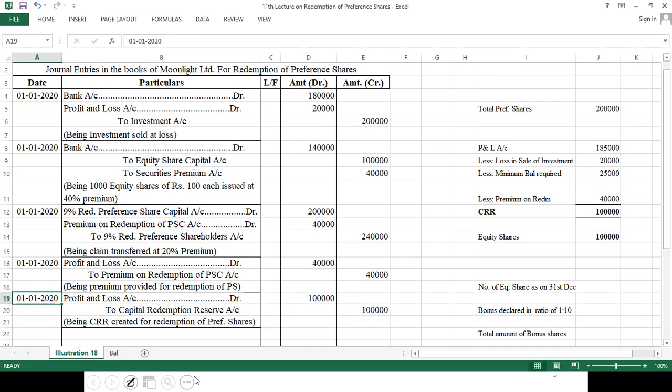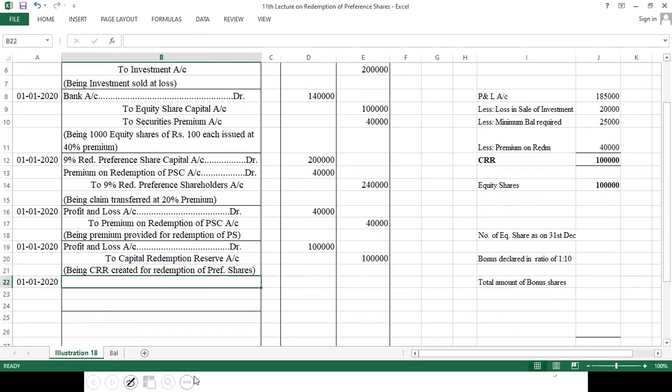Next is claim settlement. And claim settlement entry is very simple. 9% redeemable preference share holders account debited to bank account.